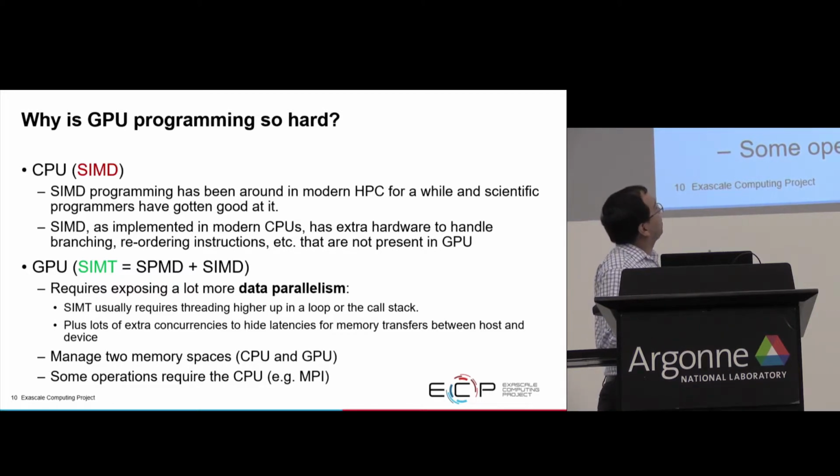Also, with SIMD programming as implemented in modern CPUs, we've been able to make use of all the extra hardware that handles branch mispredictions and reordering instructions. These are not present on the GPU, though some of that will change.